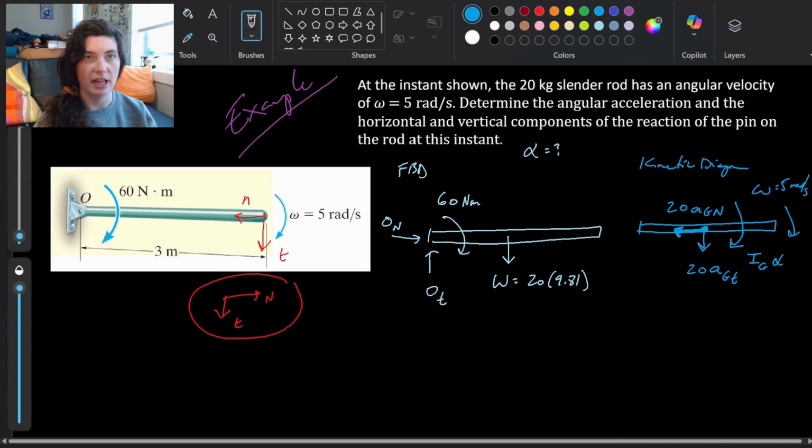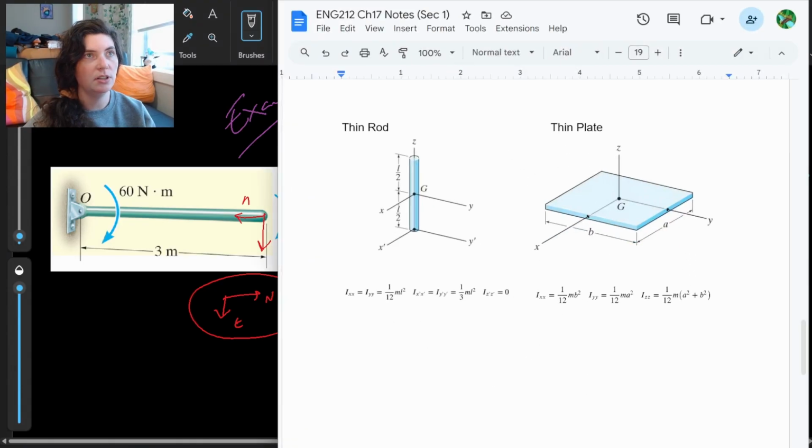So now that we have that, we can find what that IG is for this shape. It can also be a good idea when you set these up to find out what that IG is. And if we look at this, we have a 20 kilogram slender rod. And that IG about the center of mass there, we can go look up in our table, and I see thin rod about the center here is 1/12 ml squared.